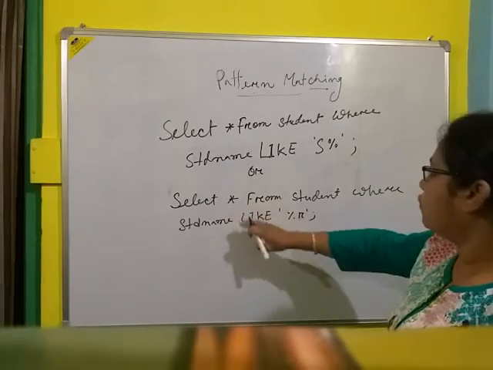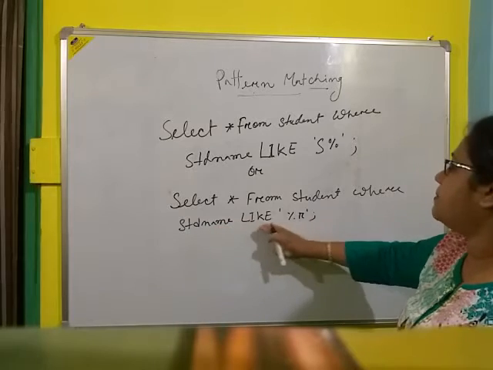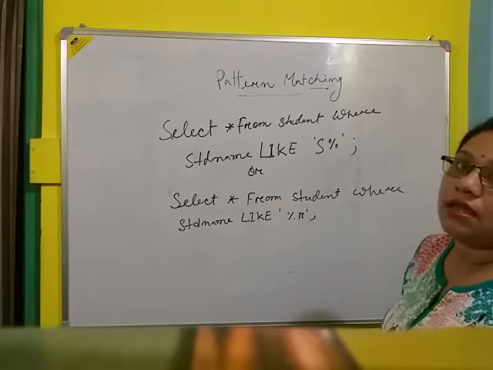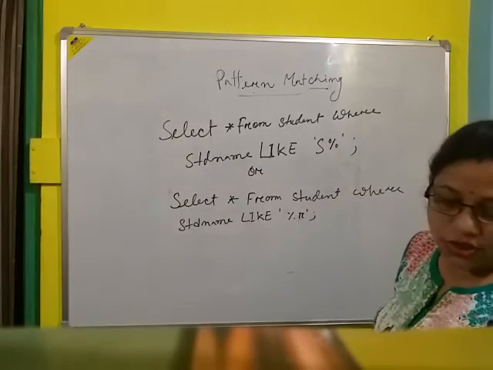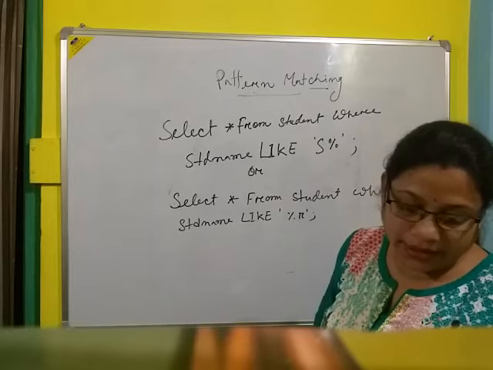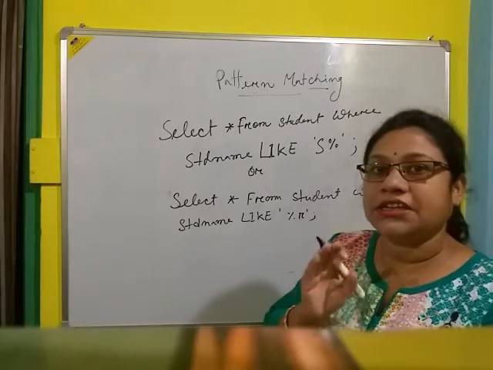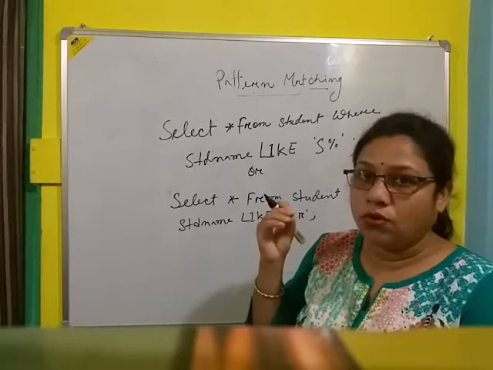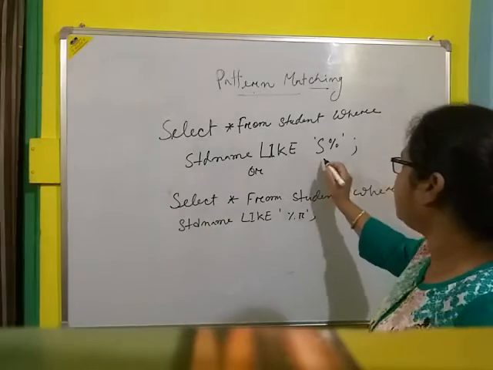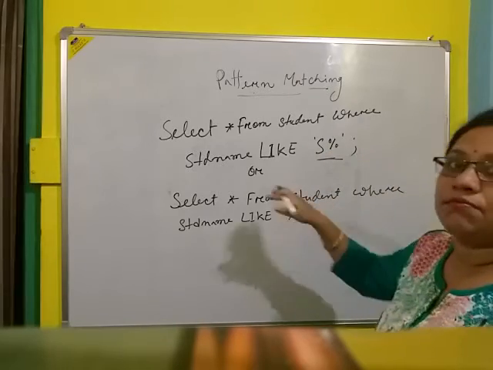Now move to the next SQL statement: SELECT * FROM student WHERE student name LIKE '%R', where I am using the percentage symbol before the character R, so that it will display all the records with student names ending with R. That means it will display the names of all students whose name ends with the character R. So this is the difference between using the percentage symbol after and before the character.